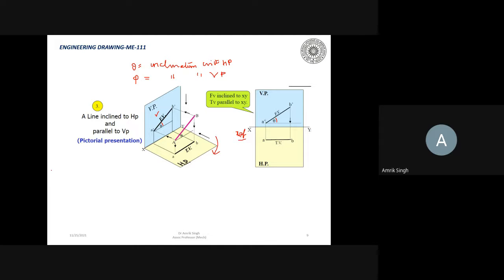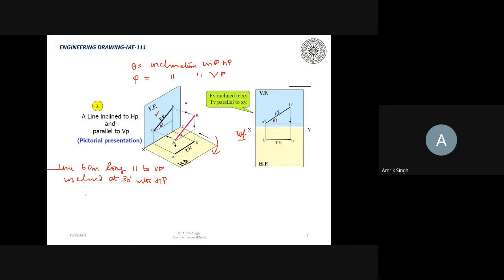Okay. Now if I say the question is like this: a line is 6 centimeter long, parallel to VP, inclined at 30 degree with HP. ठीक है?